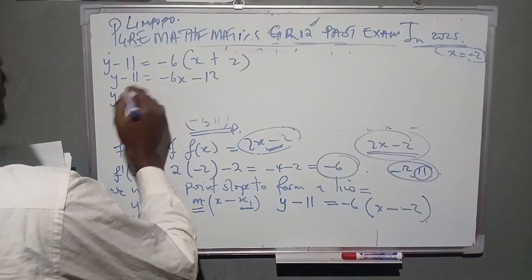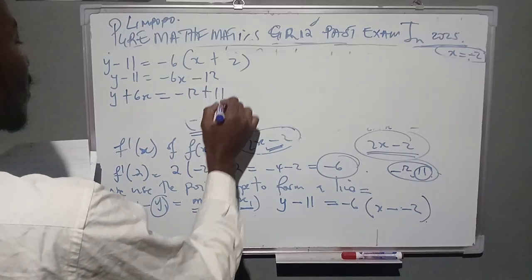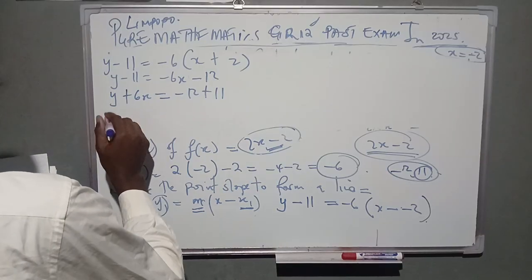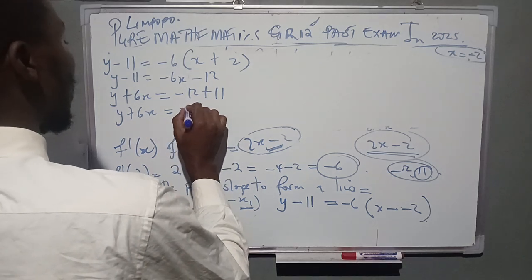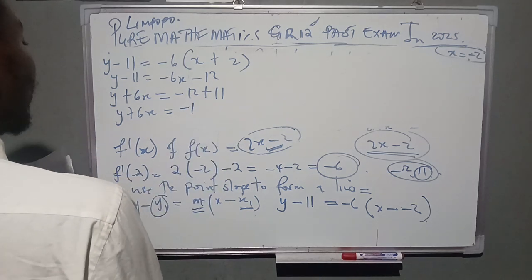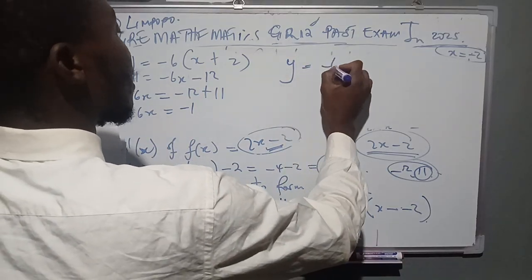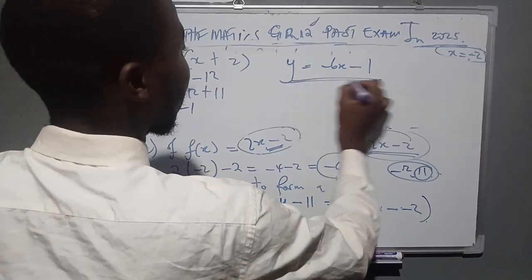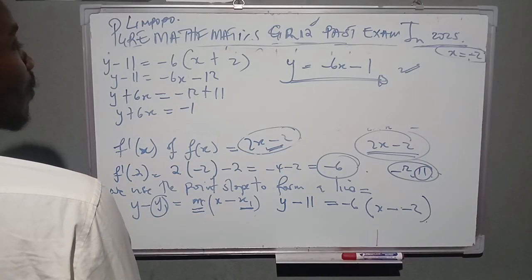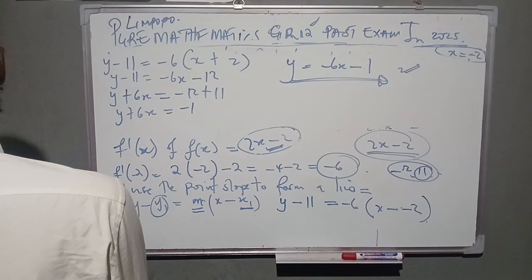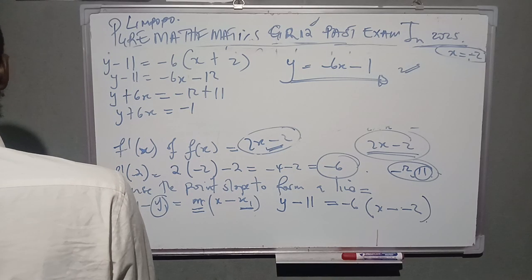So we can collect the like terms and say y plus 6x equals minus 12 plus 11, that's minus 1, right? And we can simplify it: y equals minus 6x minus 1, like that. That will be the equation that we were asked for in the question. So this brings us to the end of question 6.